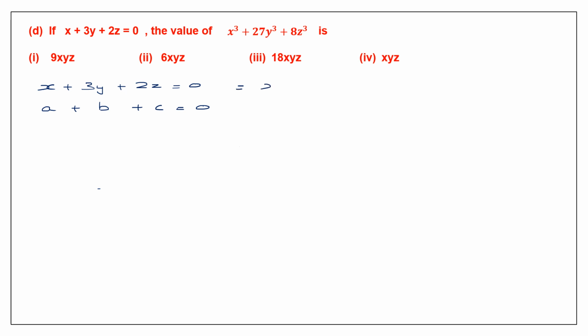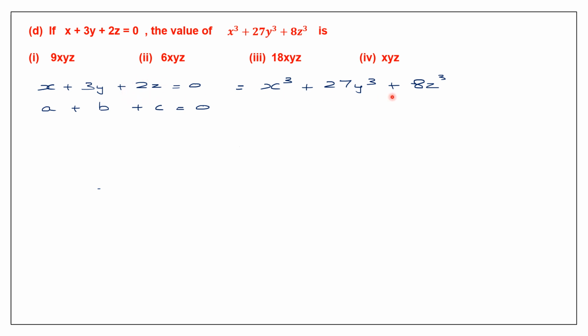Now here this will become x cube plus, if you are cubing 3y, 3 3s are 9, 9 3s are 27, 27y cube, plus the next one, 2 2s are 4, 4 2s are 8, so that becomes 8z cubed. So what have we done? We have cubed it all. Cubed this and I got x cubed. I cubed 3y and I got 27y cubed.